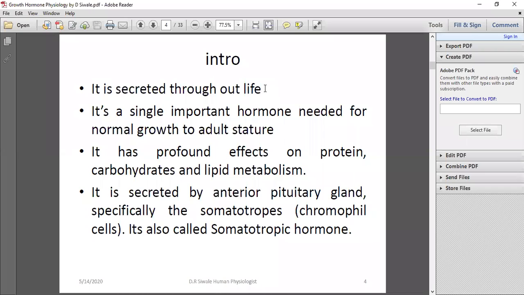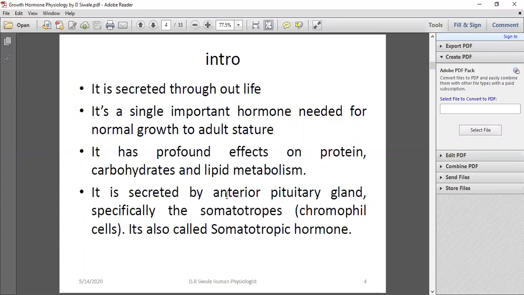But as it goes into adulthood, the levels of growth hormone start to reduce. So this is the single most important hormone needed for normal growth to adult stature. In a normal healthy person, it affects the metabolism of proteins, carbohydrates and lipids.